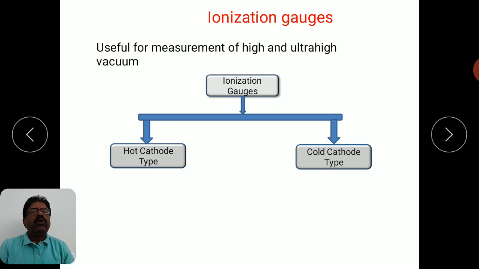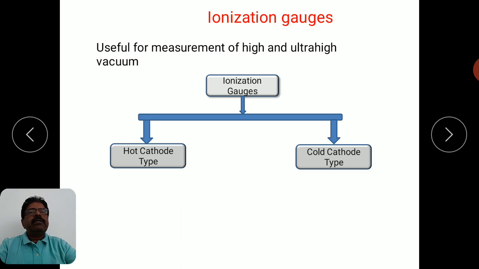In the cold cathode type of gauge, the last one we have seen, because of field emission, the electron is first of all initiated. The field emission effect can be caused by application of very high potential to one of the electrodes, and once the electrons are initiated, they are accelerated and they produce the ionization of the gas molecule. So that was the technique used in cold cathode type of ionization gauges.